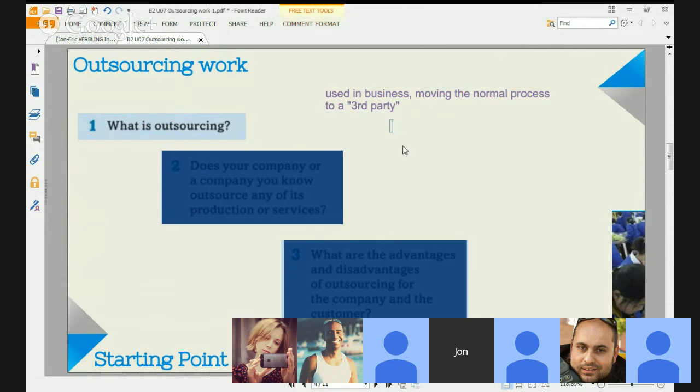Let me ask you this question: why would we want to outsource? Why would we want to do it? Maybe because it's cheaper sometimes, or you don't have everything to... It's really hard to explain. You might not have what?